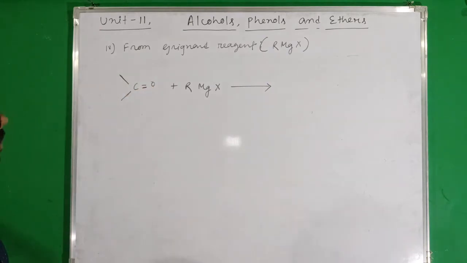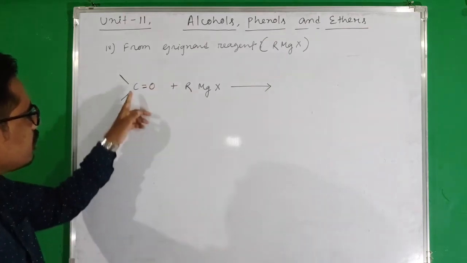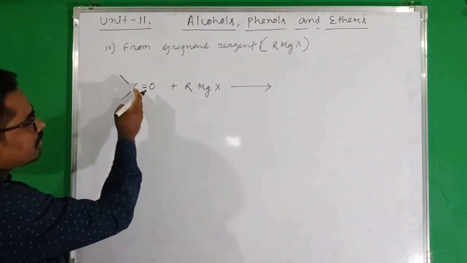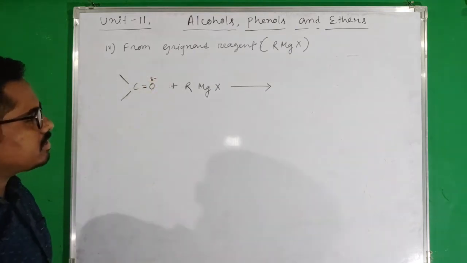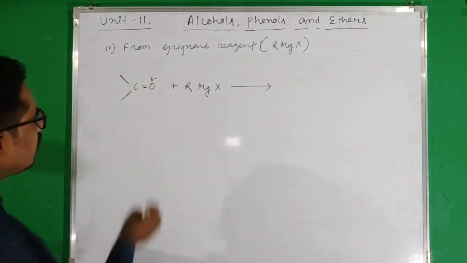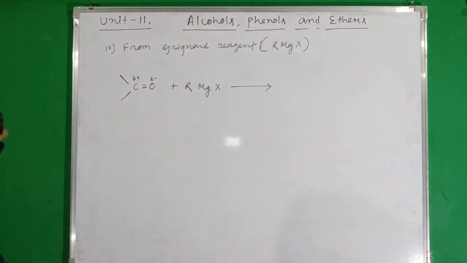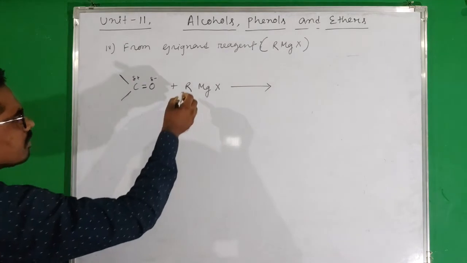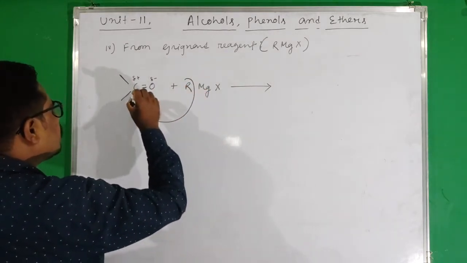We have already known that the electronegativity of oxygen is higher than carbon. Therefore, the electrons will be attracted by the oxygen towards itself, resulting in partial negative charge. Okay, and in case of carbon, partial positive charge will appear. Now, this alkyl group is electron rich. Therefore, it will attract the positive center.